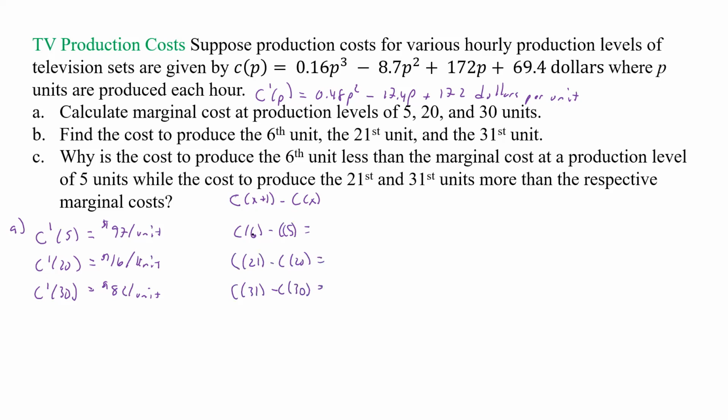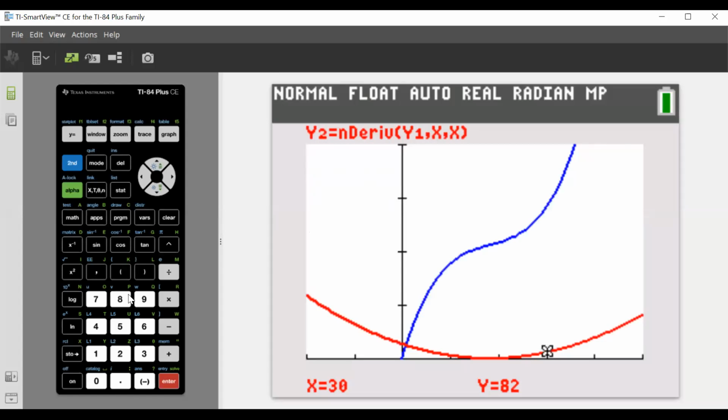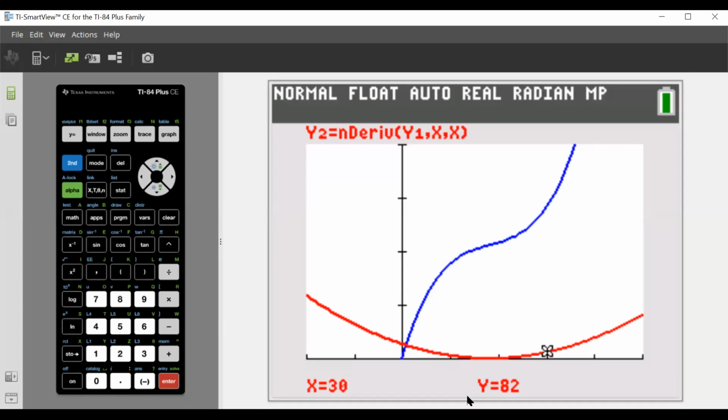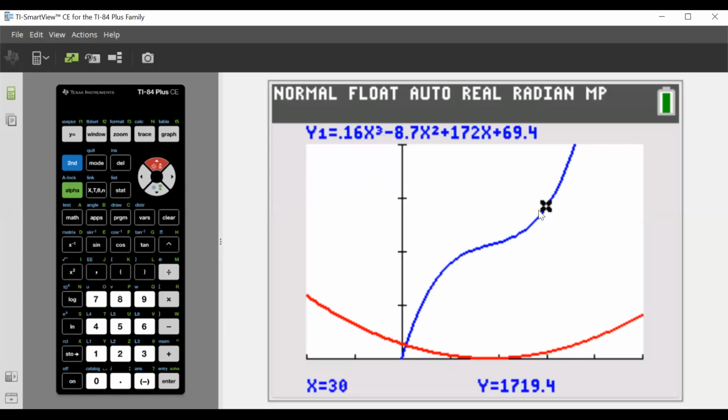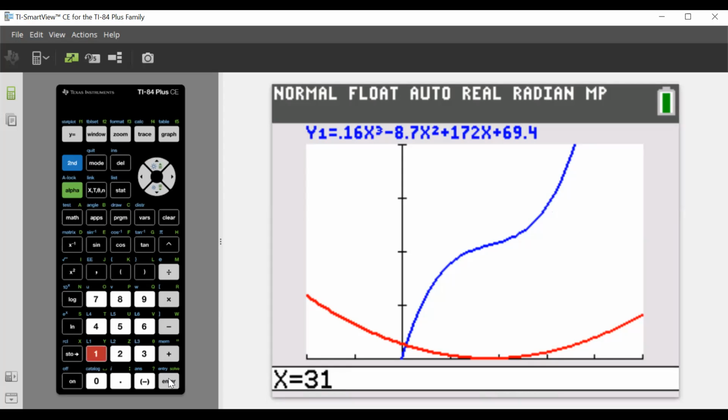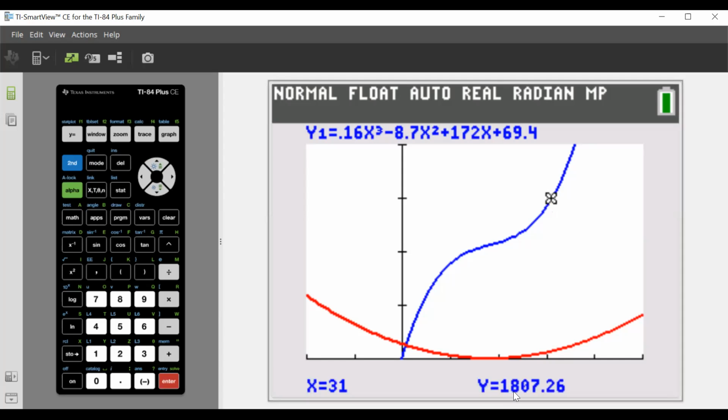Okay, so now we need to find all of these values. Using our graph, let's go backwards. For 30, the cost function is 1719.4. For 31, that's 1807.26.